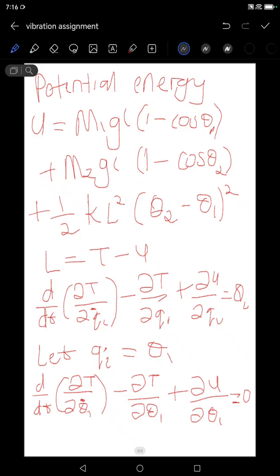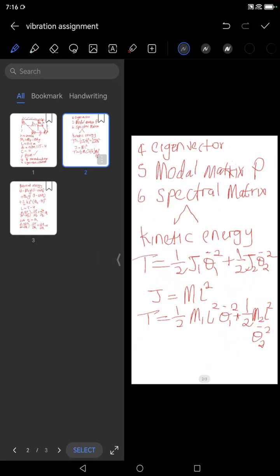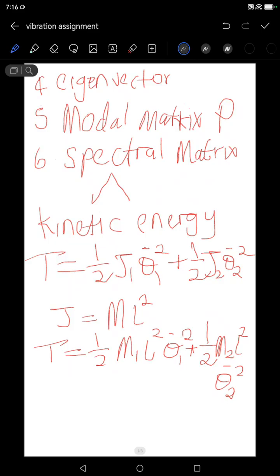But now we're going to focus on theta 1 only, since we let q i equal theta 1. And then when we let q i equal theta 2, we're going to focus on theta 2 only. So when we differentiate for theta 1, we're going to focus here.